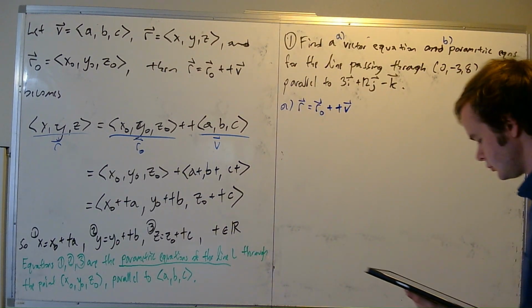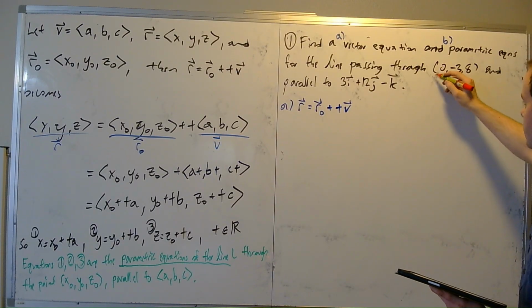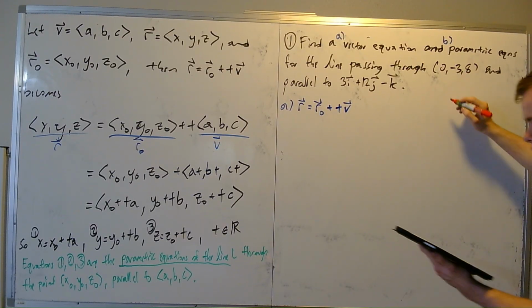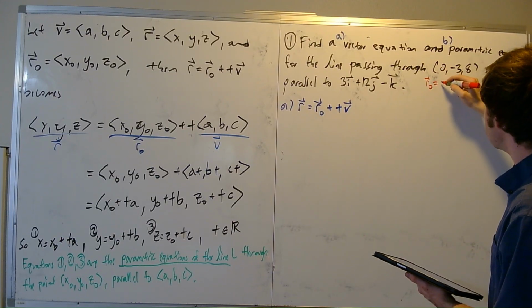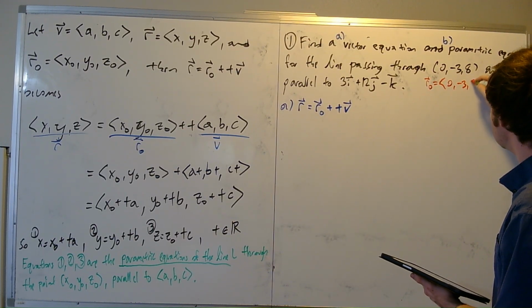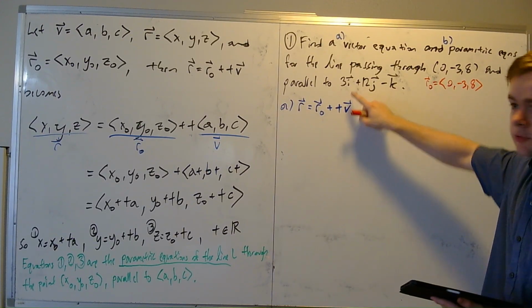Now, if we look at what we're given, these are going to be the coordinates of r0, but we need to turn this into a vector. So the vector r0 is going to be equal to <0, -3, 8>, right? And here, this is going to be v.